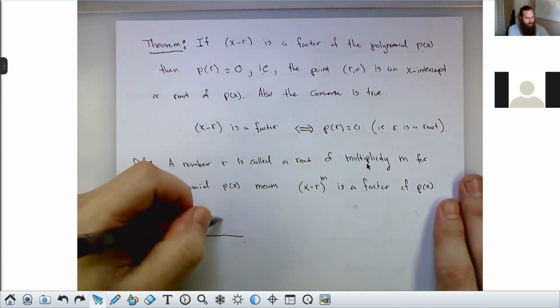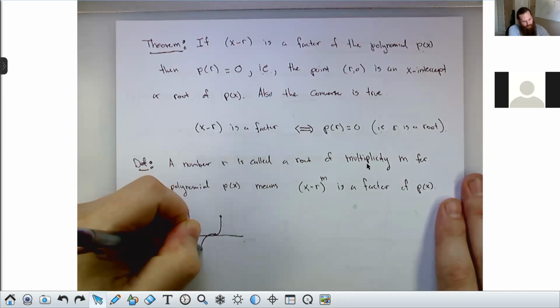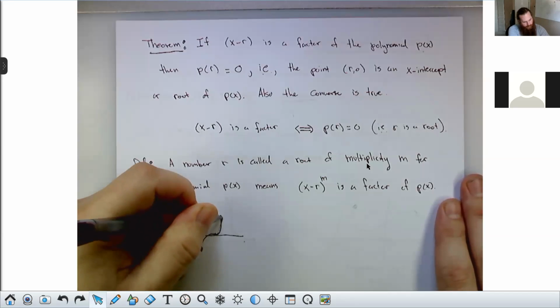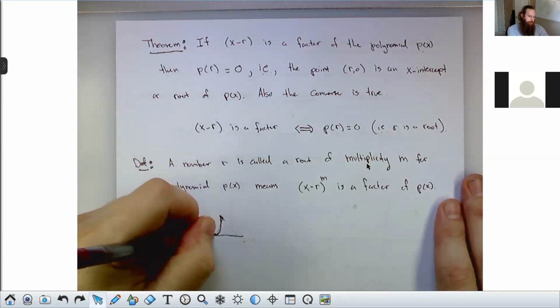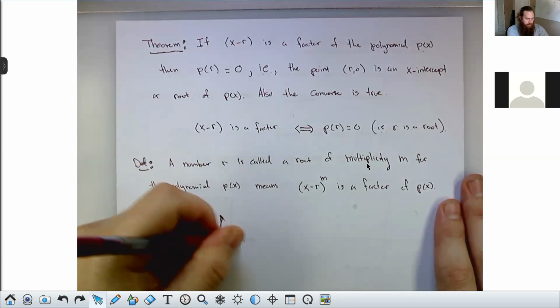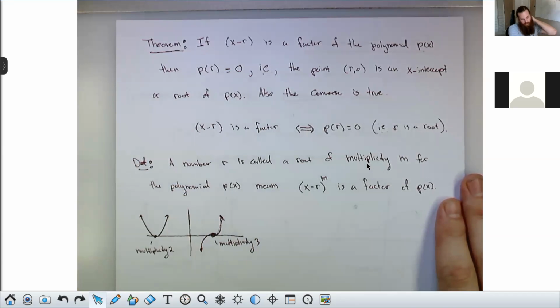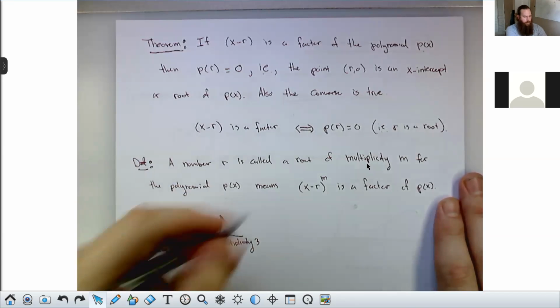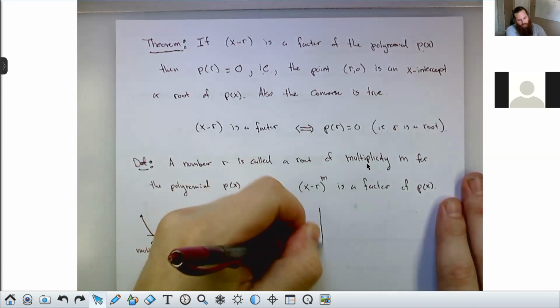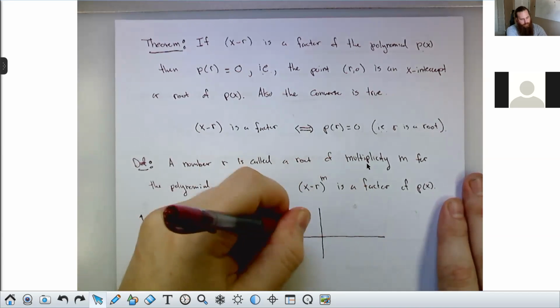A root of multiplicity 3 will look something like this. A root of multiplicity 1, like I said, just kind of looks like a line crossing the x-axis.